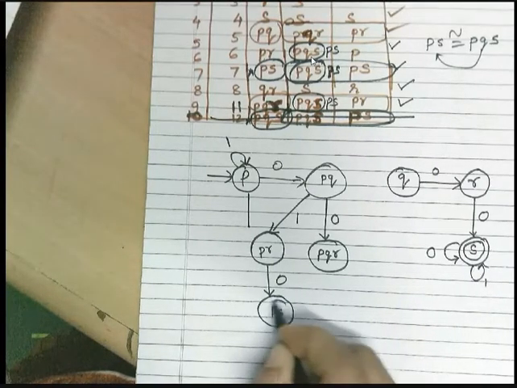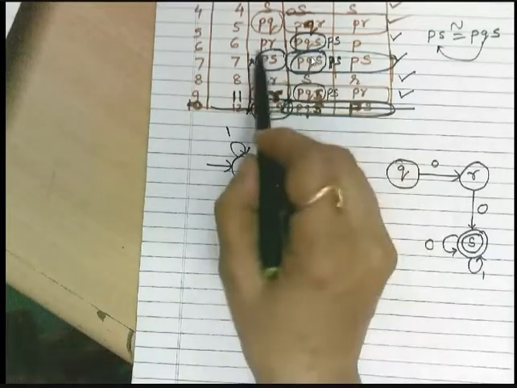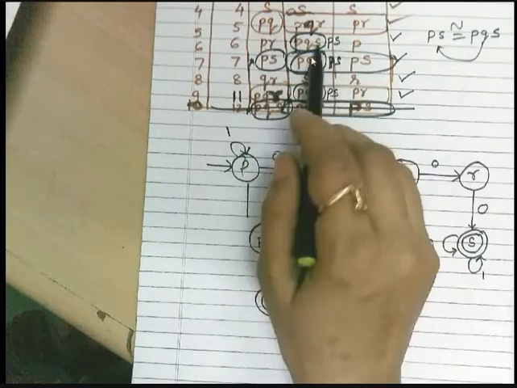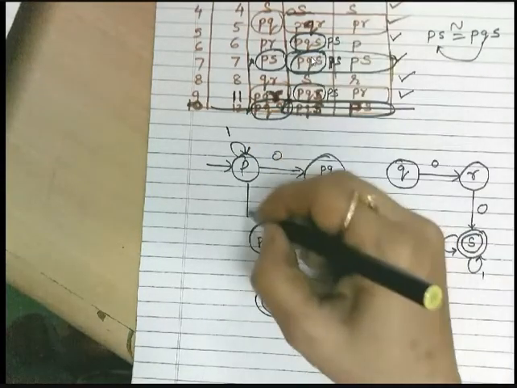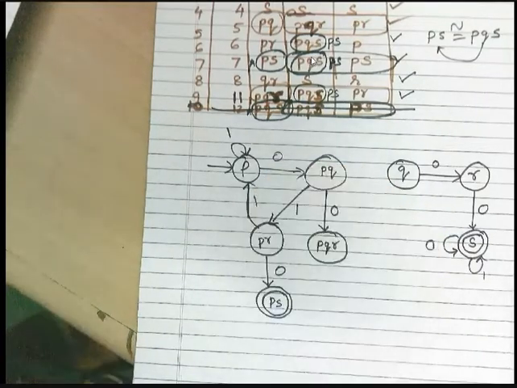Since S is included, this will be a final state, right? So PR on 0 goes to PS. PR on 1 goes to P.